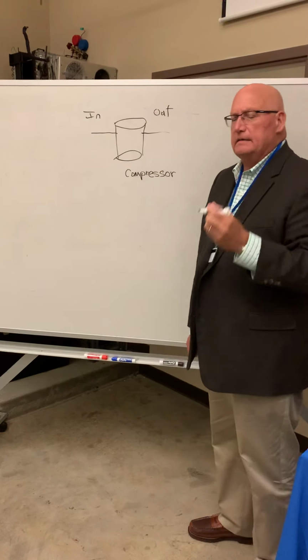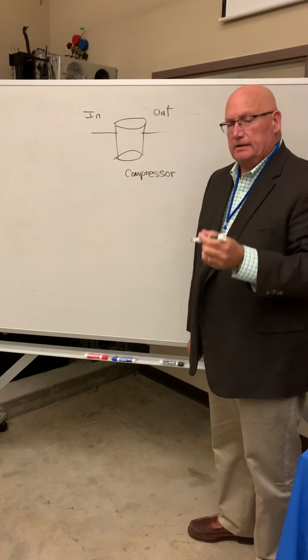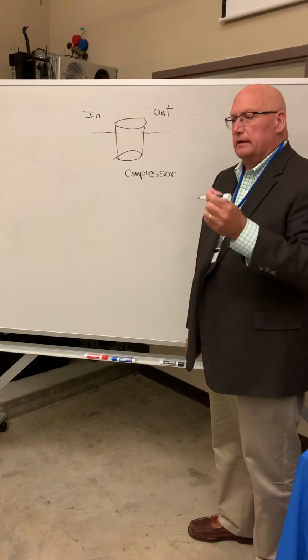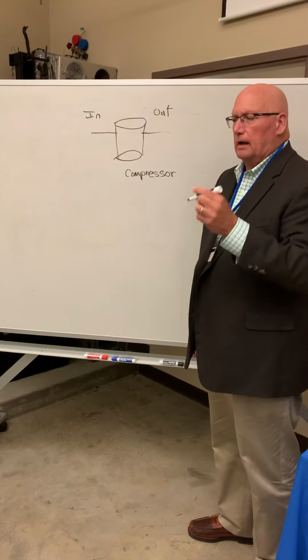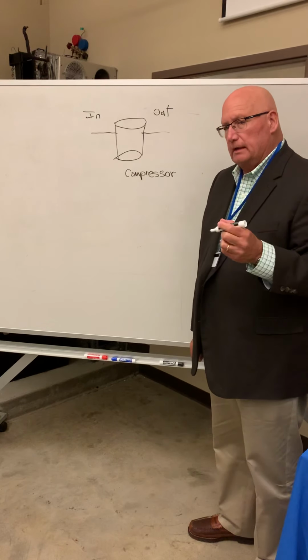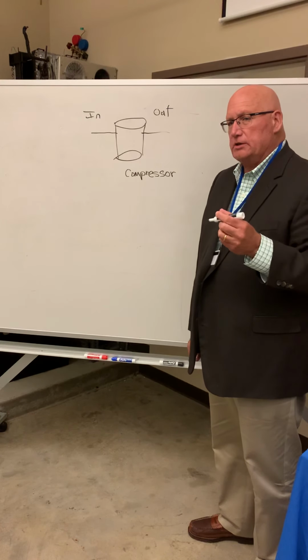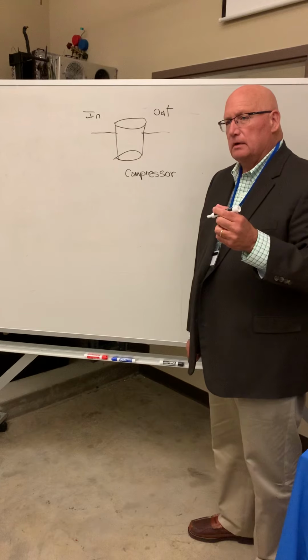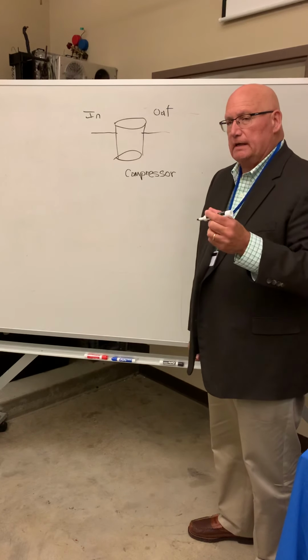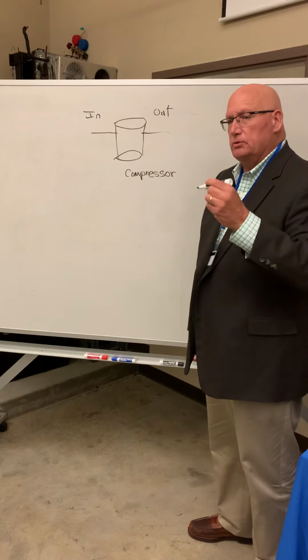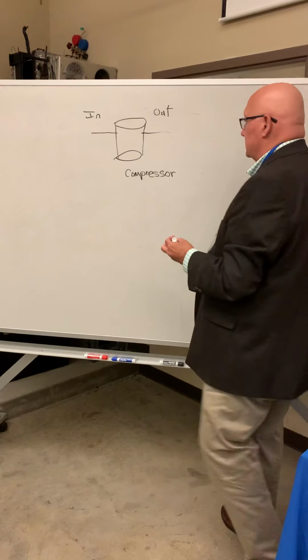A condenser is a heat exchanger. The condenser that I showed you at the very beginning is a heat exchanger that removes heat, that transfers heat from the refrigerant into the air that flows through the fins.